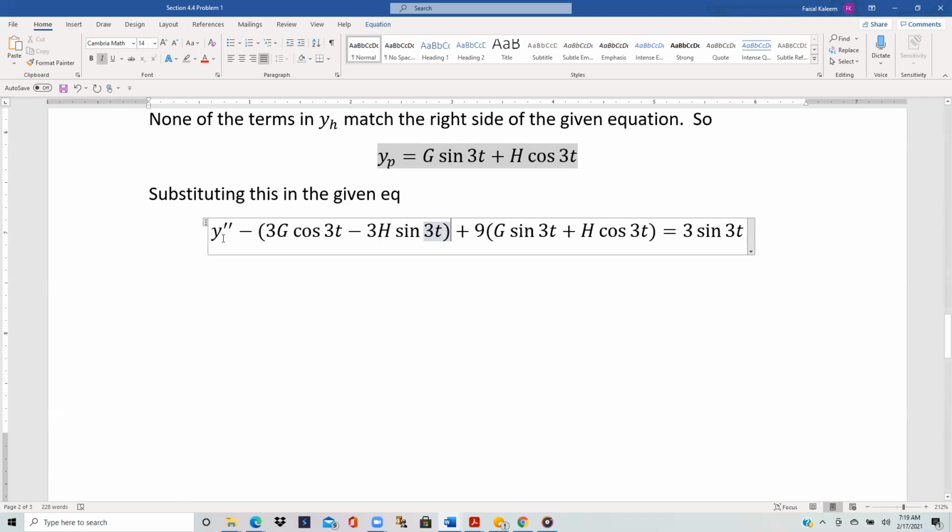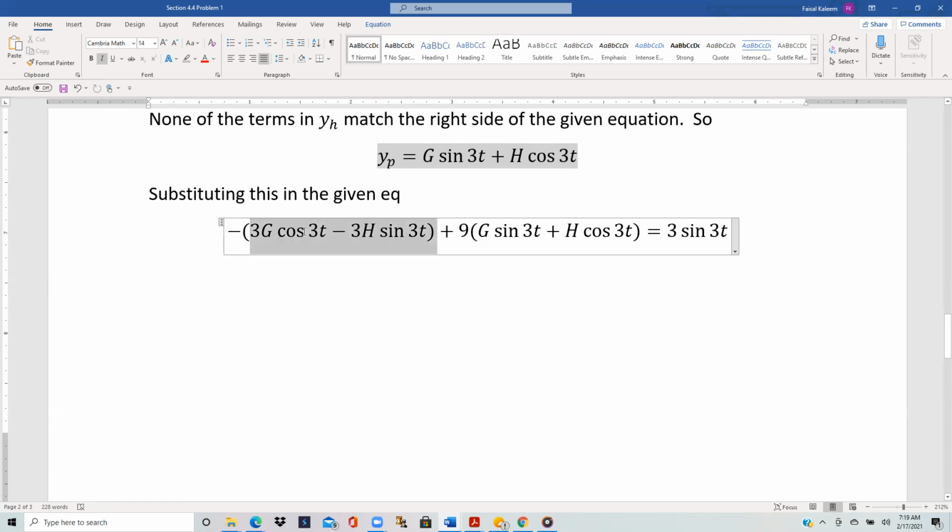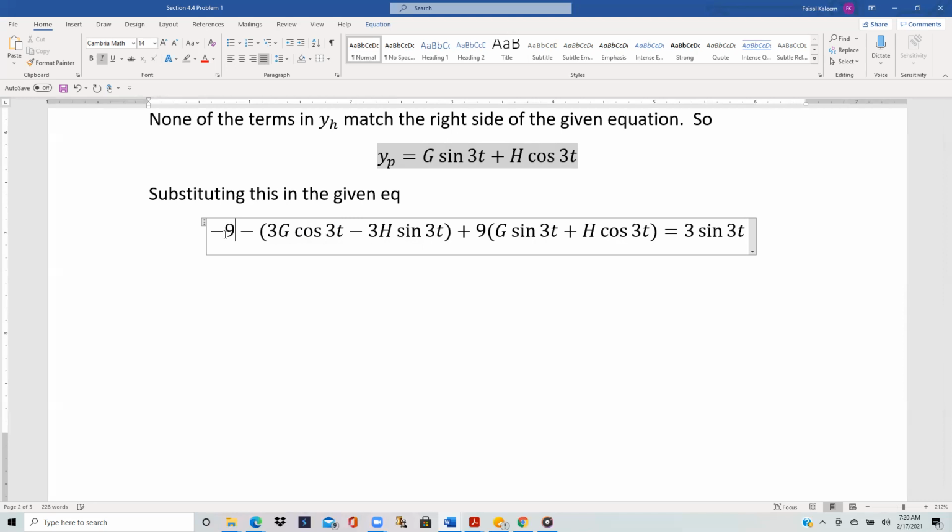Okay, so this we substituted for y prime, and then the first term was y double prime, so that would be the derivative of the y prime. Remember, this one was y prime, so its derivative would be: the derivative of 3g cos 3t is negative 9g sine 3t.